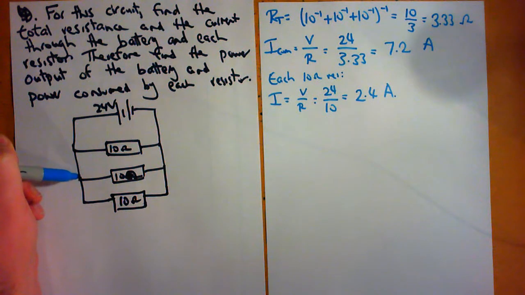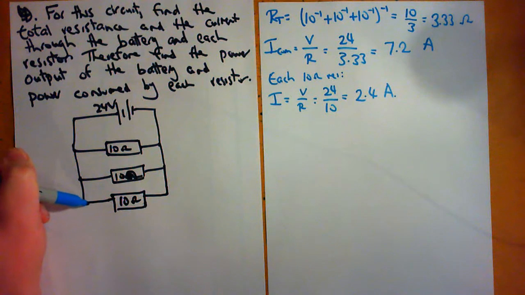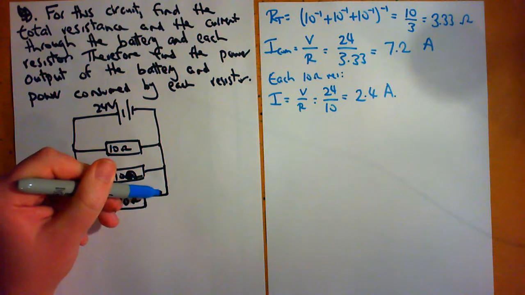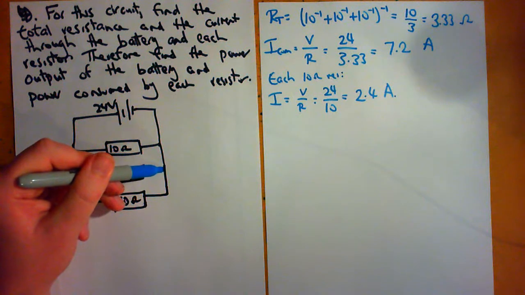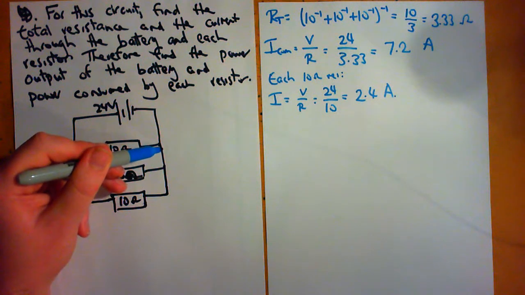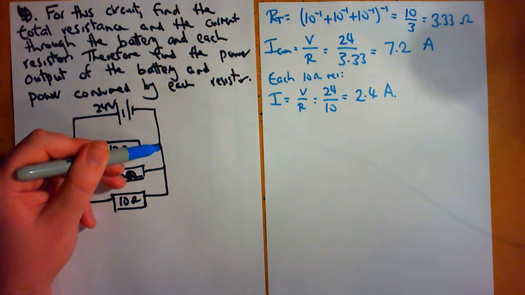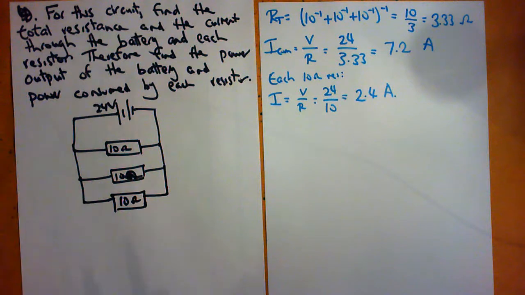The 4.8 coming through here splits into 2.4 going this way, 2.4 going through the bottom resistor, and these 2 paths meet up at this junction, so we'll have 4.8 through that part, which meets up with this 2.4 to get you 7.2 back going through the common part of the circuit. So we've got the current through each resistor.